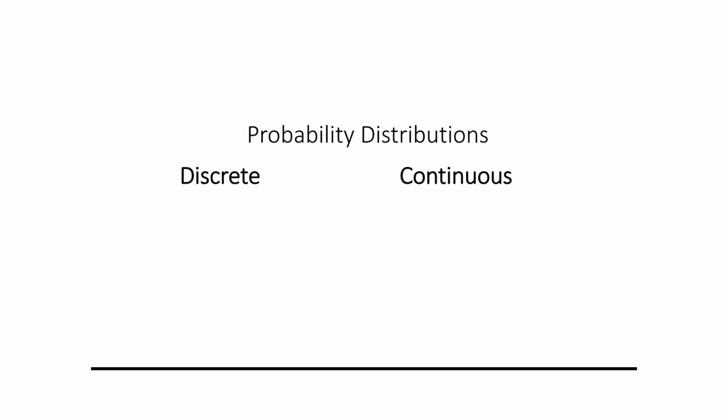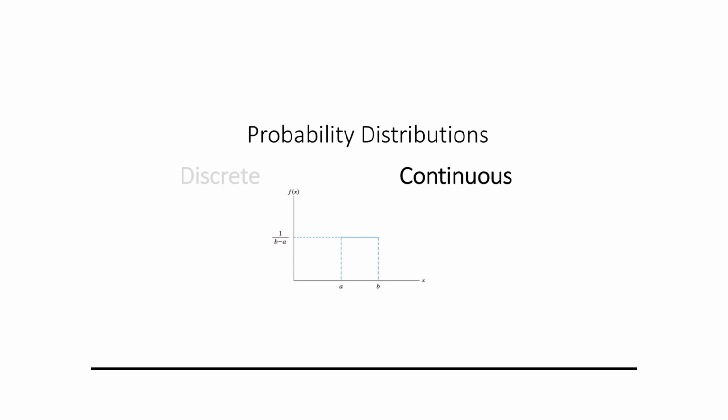In terms of probability distribution, this means x's and corresponding f of x values will have a finite number of values for discrete probability distributions. Continuous probability distributions will have a continuum, or never-ending, infinite number of x values and corresponding f of x values between a given interval.